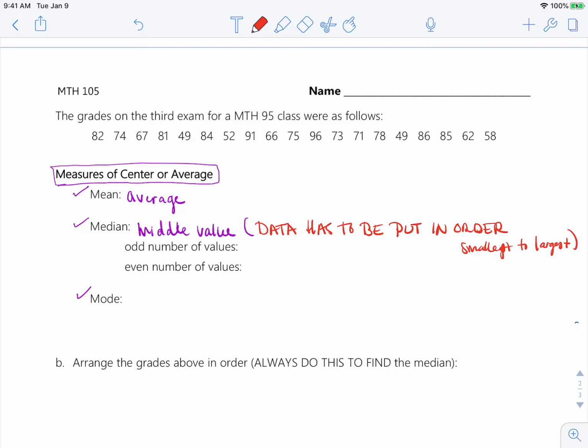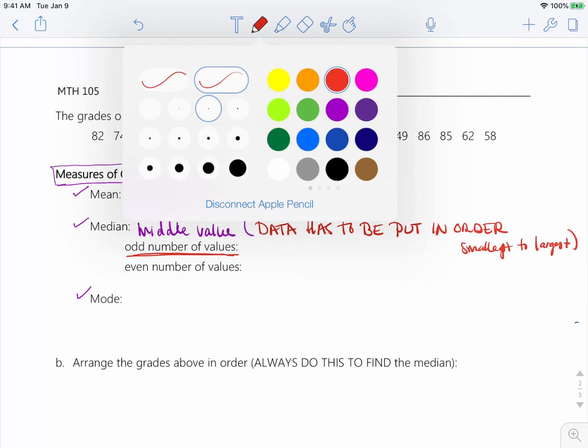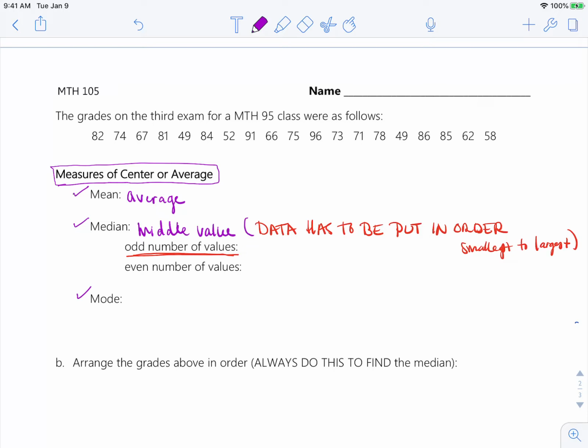Now, when you have an odd number of values, life is really nice, and it is just the single middle value. However, when you have an even number of values, and I'll give you an example to the side in a second, you have to take the average of the two middle values.